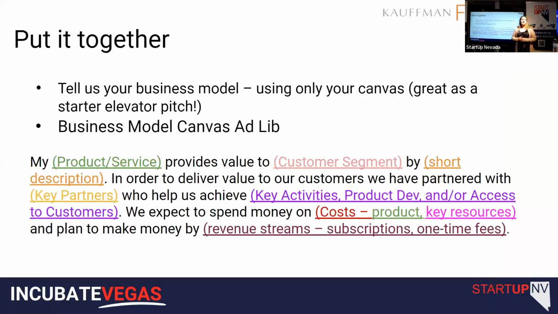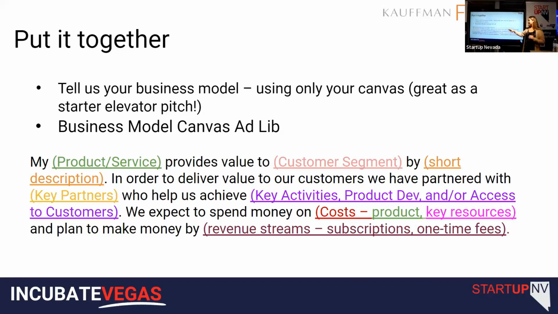All right, so we're going to do a really fun exercise. The second sheet you have is your ad lib. I don't know if you guys have ever done Mad Libs, where you fill in the blank with something quirky. In this case, I have your business model paragraph. I want you to take a bullet point from your boxes and fill it into a whole sentence. My product or service provides value to customer segment by a very short description.